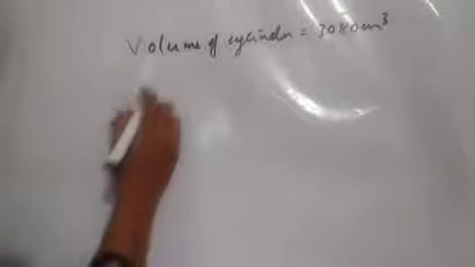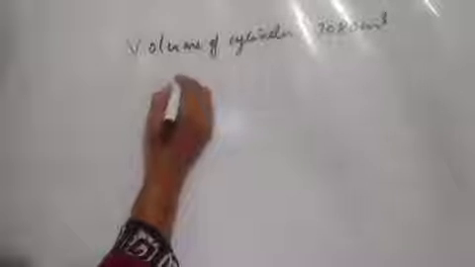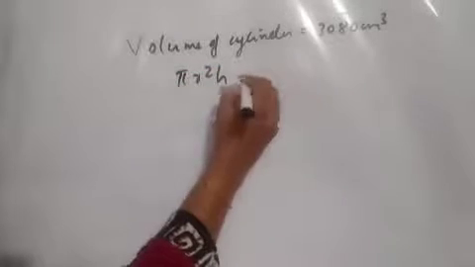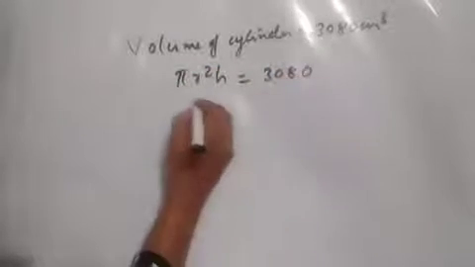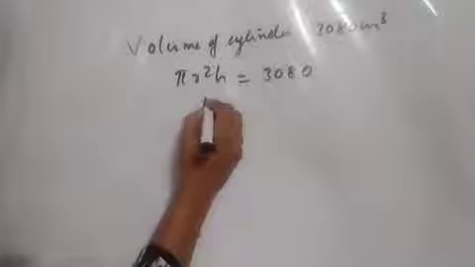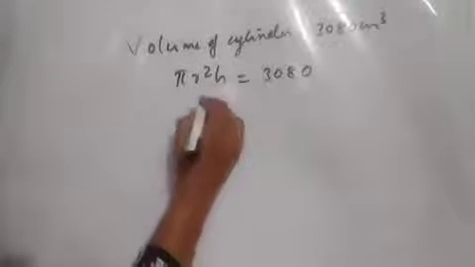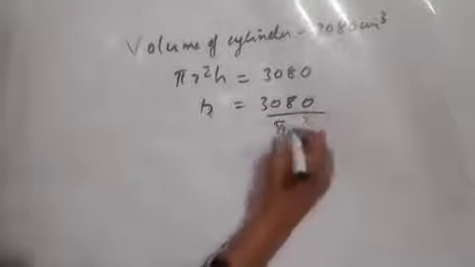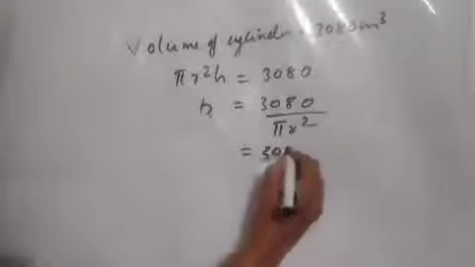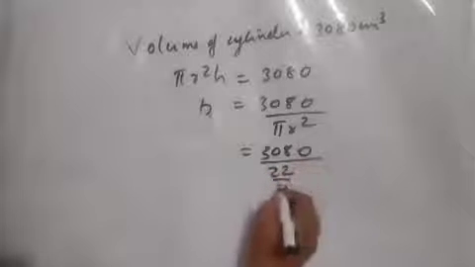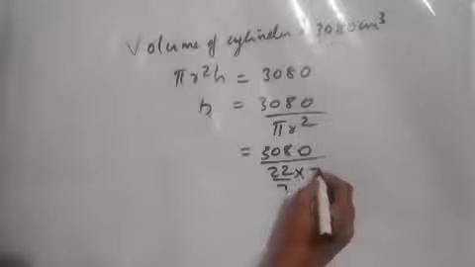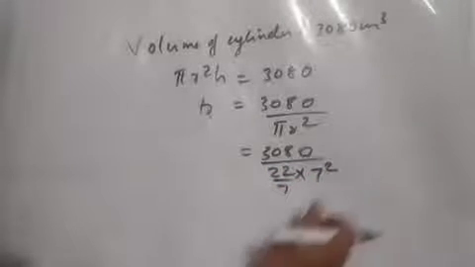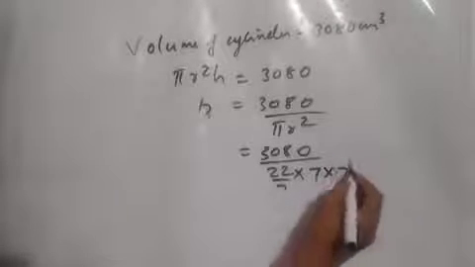Now the second, volume, height of the vessel. So volume of the cylinder is given 3080 centimeter cube. So how can we obtain the height of the cylinder? Yes, pi r square h is 3080. H is 3080 by pi r square. That is 3080 by 22 by 7 into 7 square. 7 square is 7 into 7.